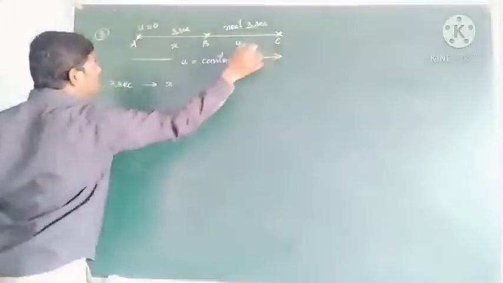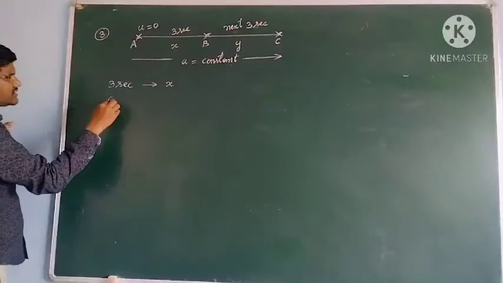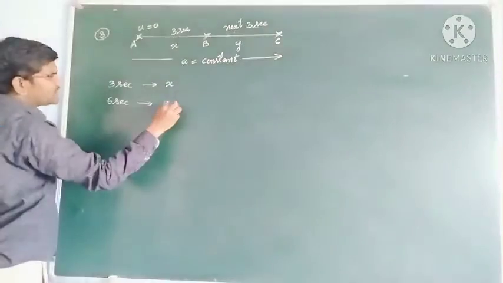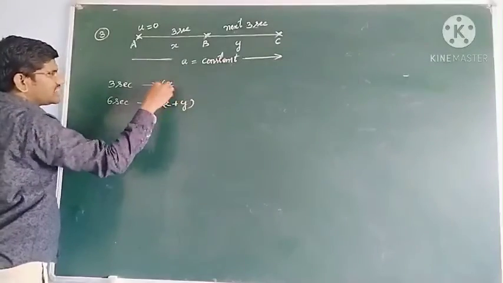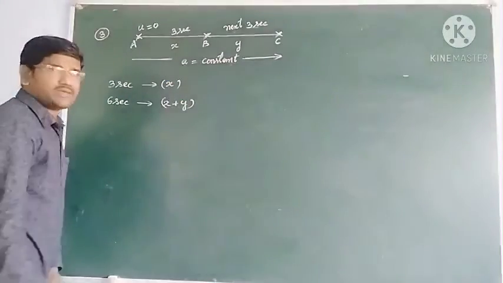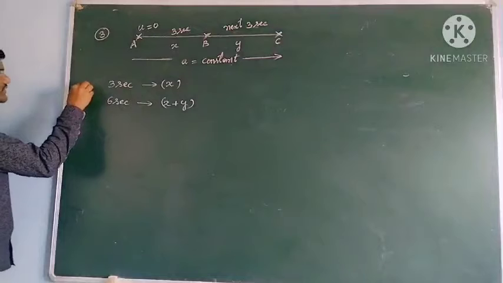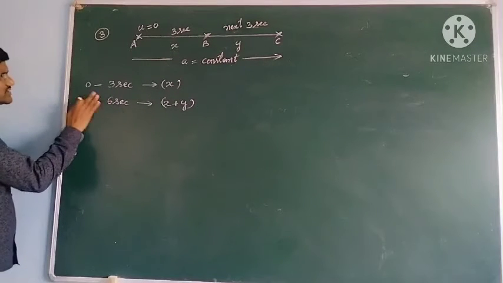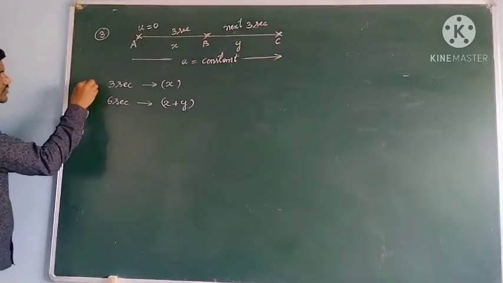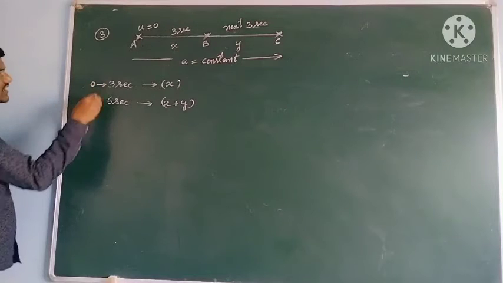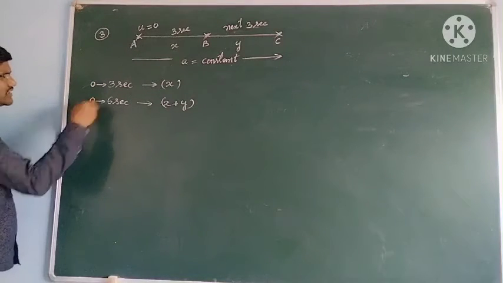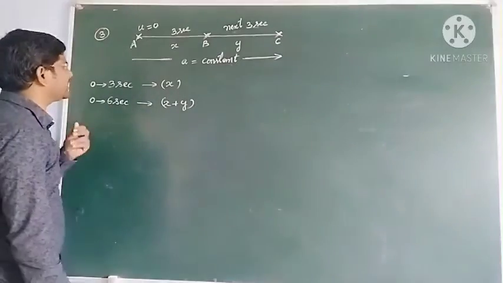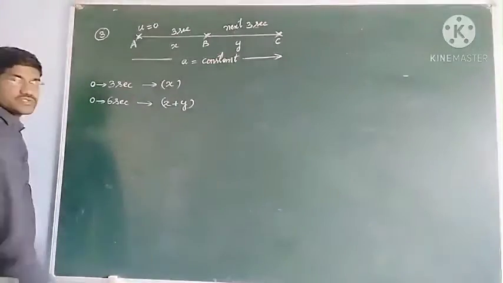In 6 seconds it traveled x plus y distance with the same constant acceleration. So 0 to 3 seconds is x, and 0 to 6 seconds is x plus y. Then get the relation between x and y. That is the question.